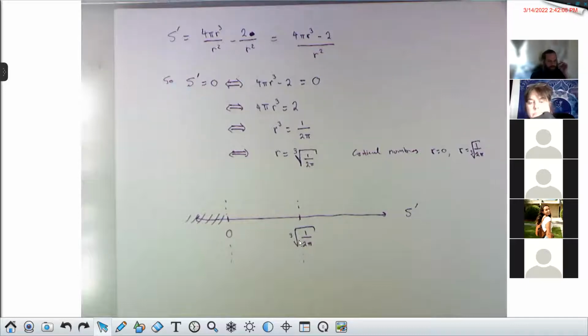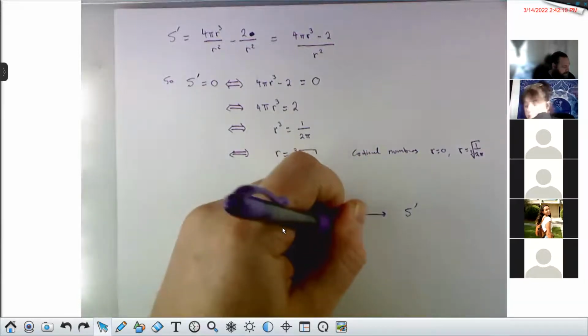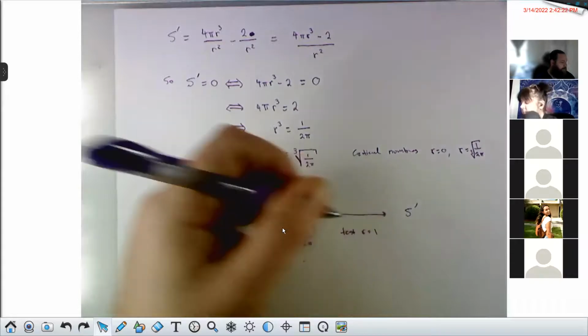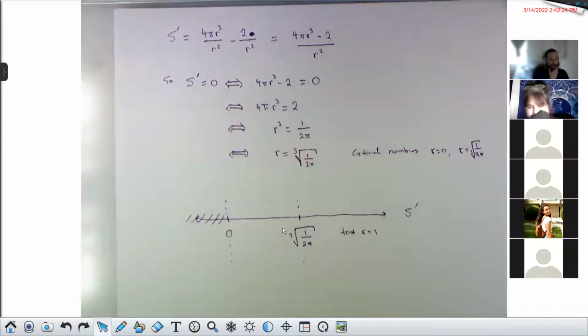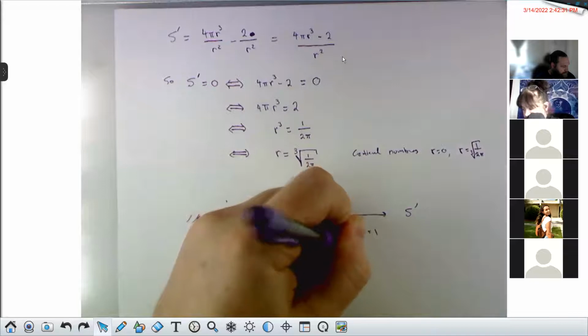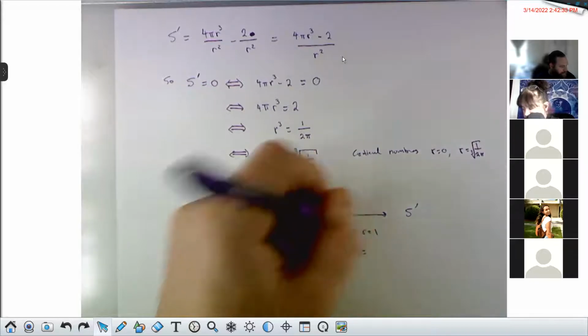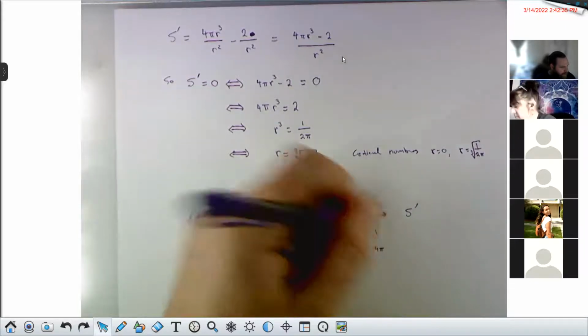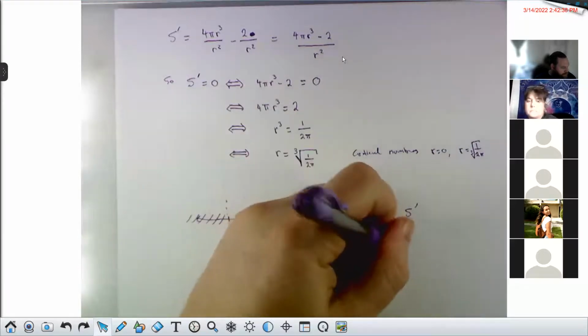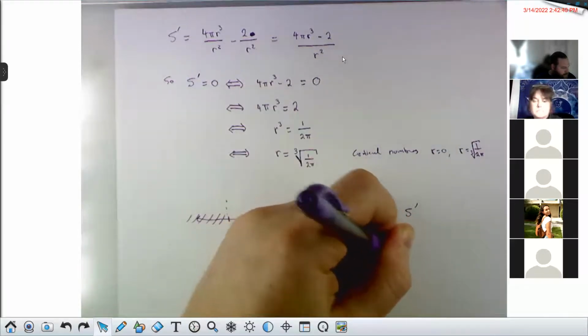So we'll be patient here. 1 over 2 pi is a number smaller than 1 for sure, right? Because 2 pi is bigger than 1. So the cube root of 1 over 2 pi is smaller than 1. That means we can test r equals 1 to the right here. If I plug 1 into s primed, I'm going to get 4 pi times 1 cubed is 1, minus 2 all over 1 squared, which is 1.